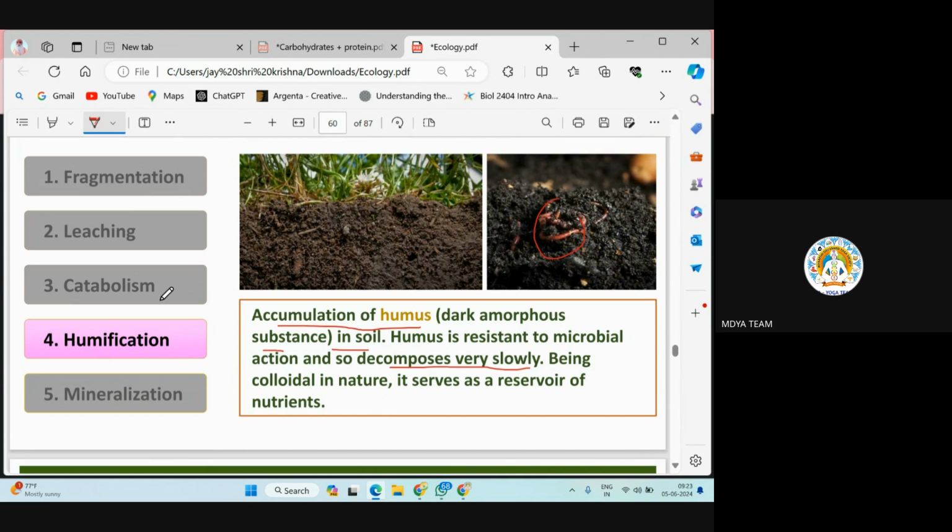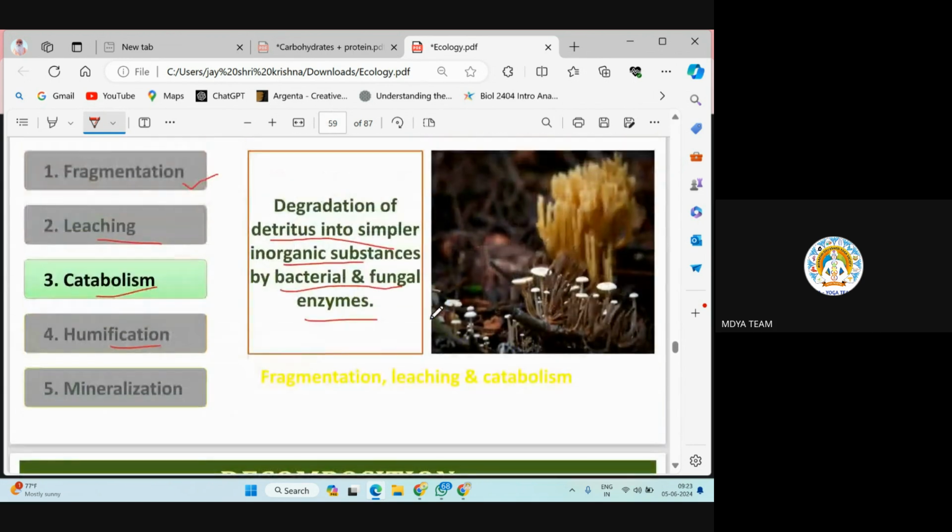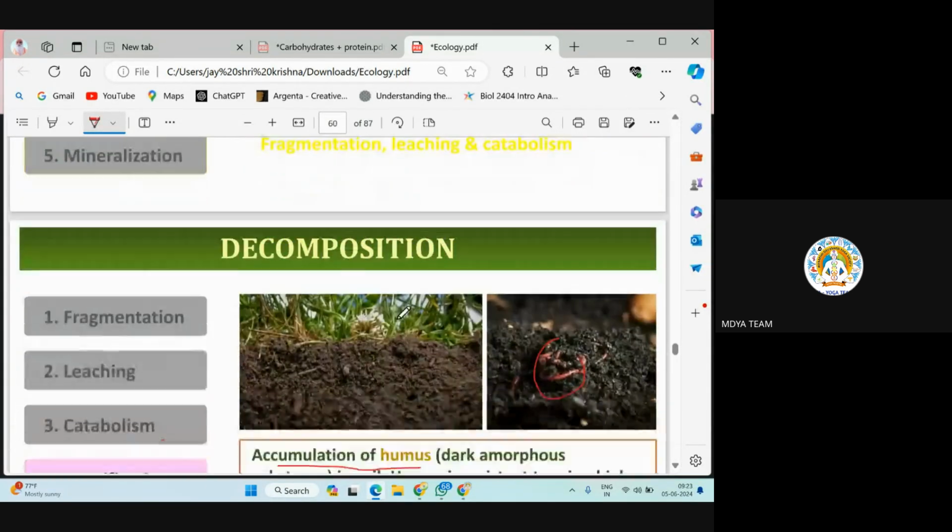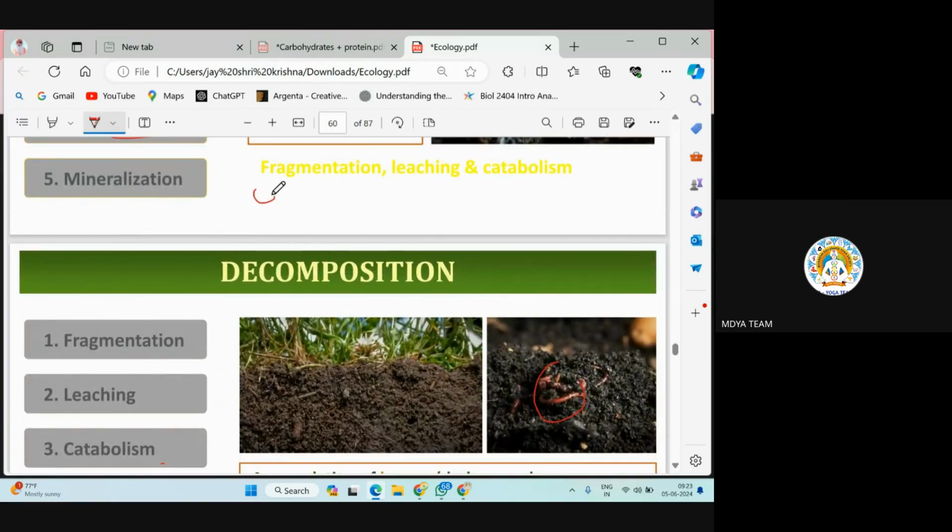Just after catabolism, in catabolism there is degradation of detritus into simple organic substances. And after degradation, or you can say after not complete degradation, the organic material will be changed into humus, and then after humus it will be changed into inorganic substances.